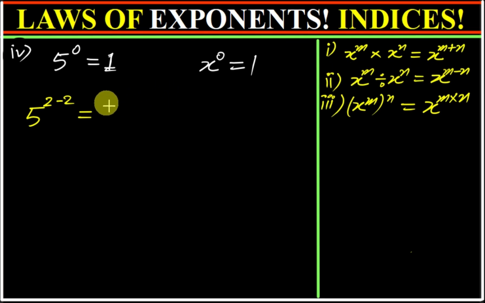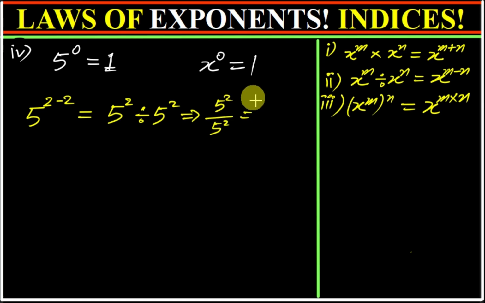So we can write it like this: 5 raised to the power 2 divided by 5 raised to the power 2. That is the same thing in numerator and denominator, so it will get cancelled. So we'll get 1. This is how we can show that anything raised to the power 0 will be 1.